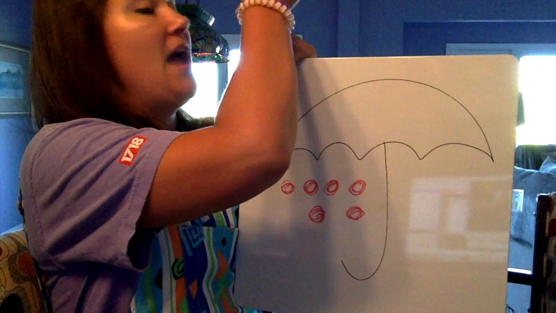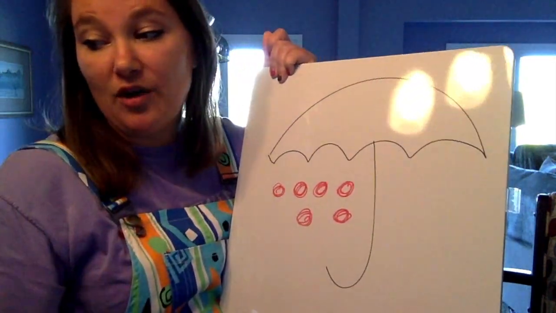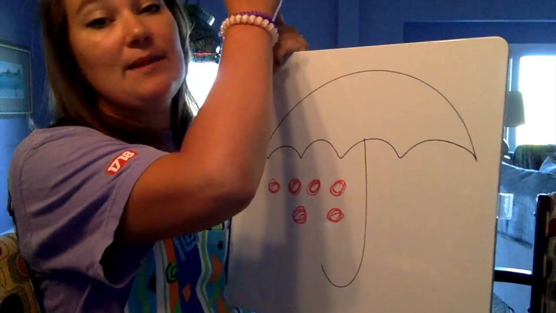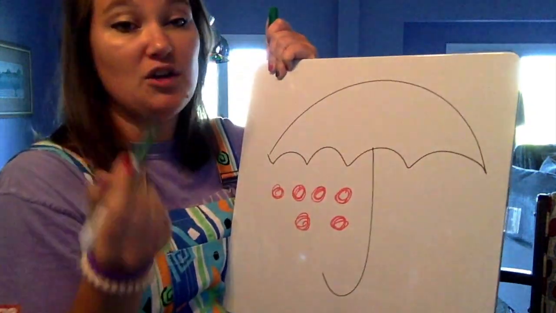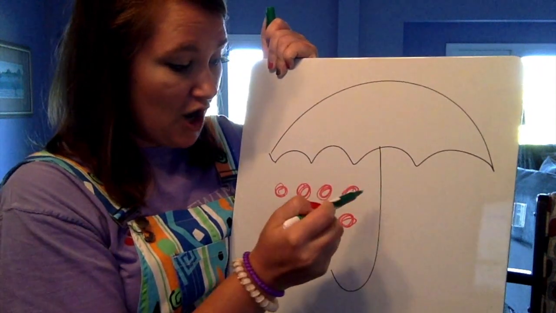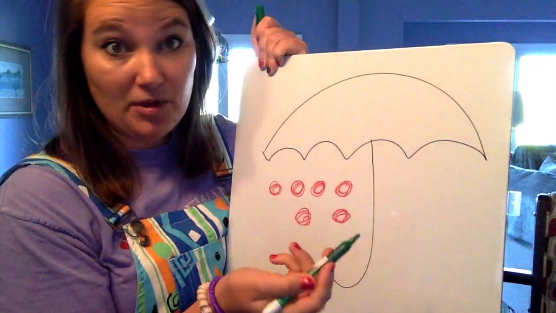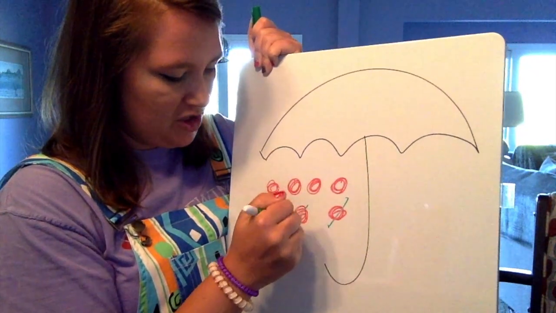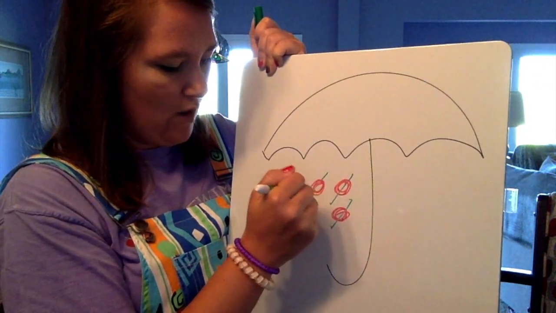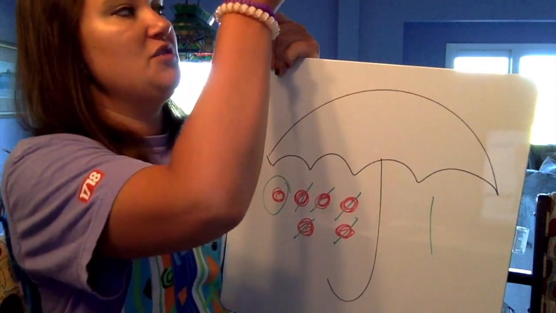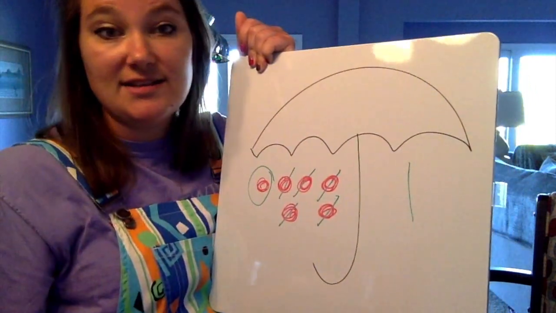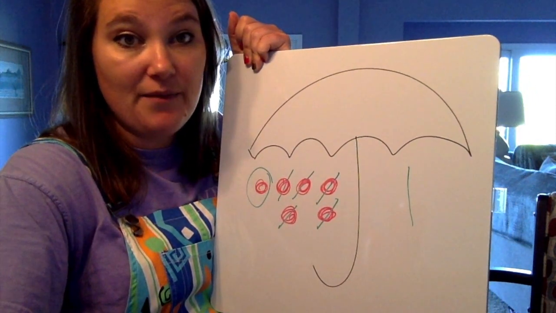Okay? Then with another color, so that I don't get confused, if you have the same color, that's totally fine. If you have different colors or a marker or something that you want to use, that's fine too. I'm going to cross off because 5 people left, right? So 1, 2, 3, 4, 5. How many dots are left? 1. So there is 1 friend still under the umbrella.